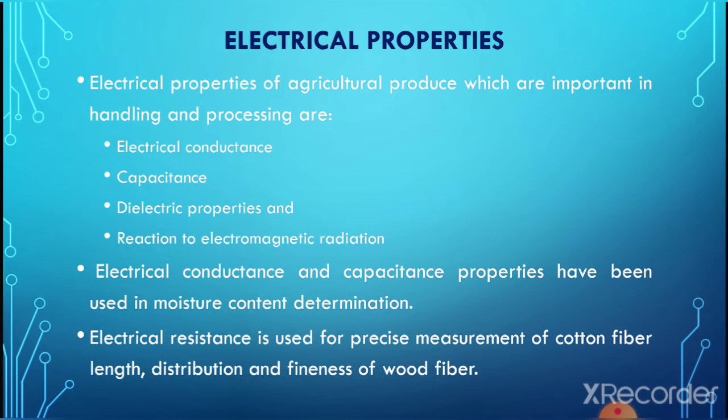For example, various moisture determination equipment are designed on the basis of electrical properties, such as the universal moisture meter. This universal moisture meter exploits the electrical resistance property of the biological material to determine its moisture content. Electrical resistance is used for precise measurement of cotton fiber length, distribution and fineness of wood fiber.